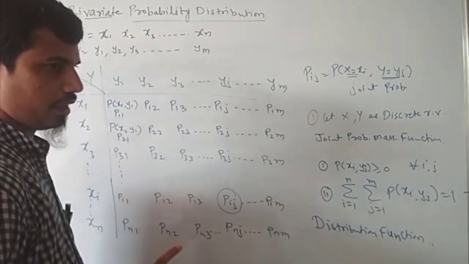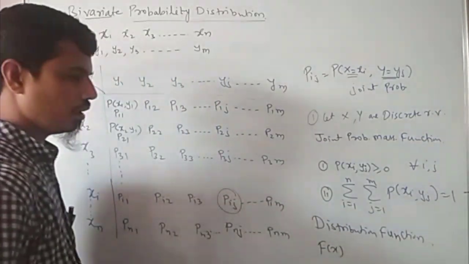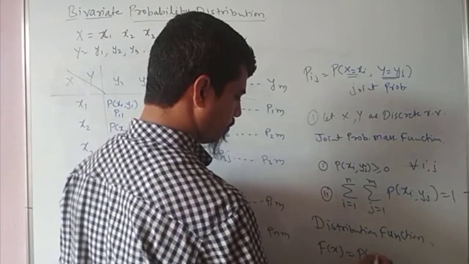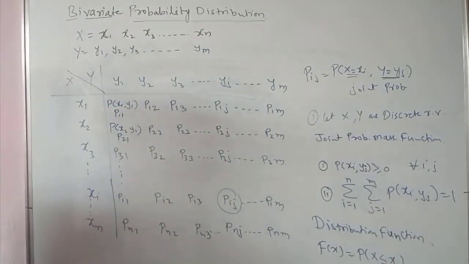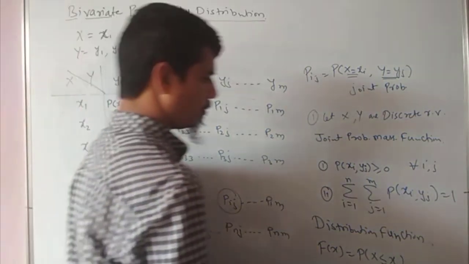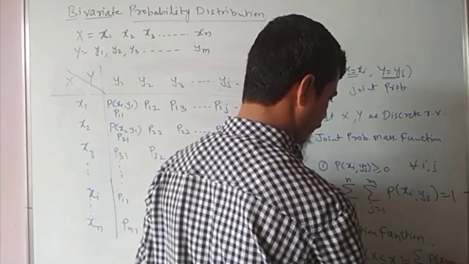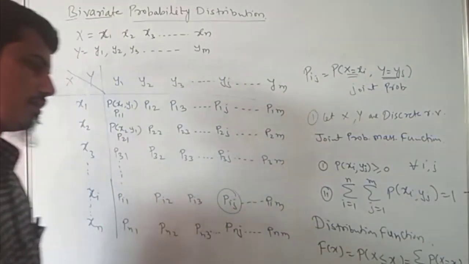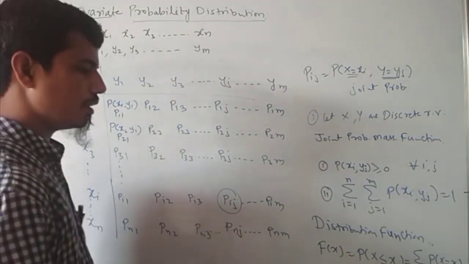For a single random variable capital X, we define the distribution function as capital F of x, which is equal to P of X less than or equal to x. It's a summation of all the probabilities for values less than or equal to x.